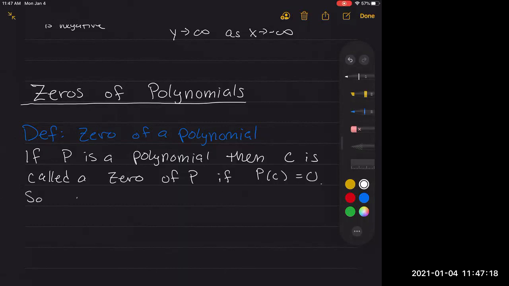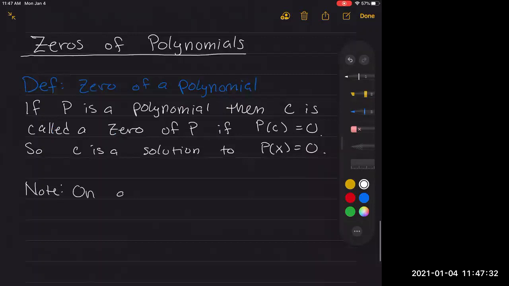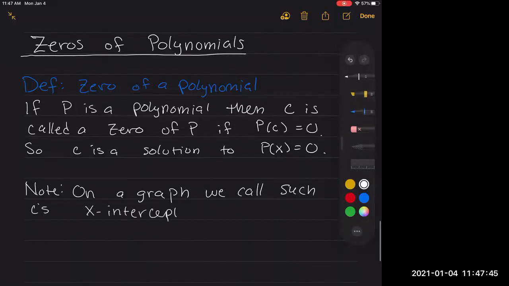So C is a solution to P of X equals 0. And then note that on a graph, we call such C's our x-intercepts of our graph P.